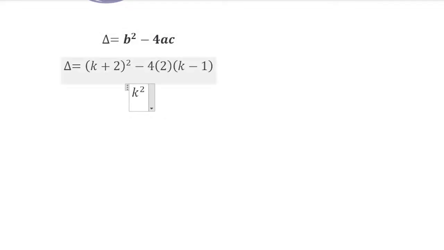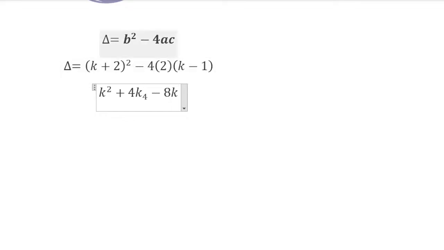Then k times 2 is 2k, times 2 is plus 4k, right? Then 2 times 2 is plus 4. Then negative 4 times 2 is negative 8, then negative 8 times k is minus 8k.